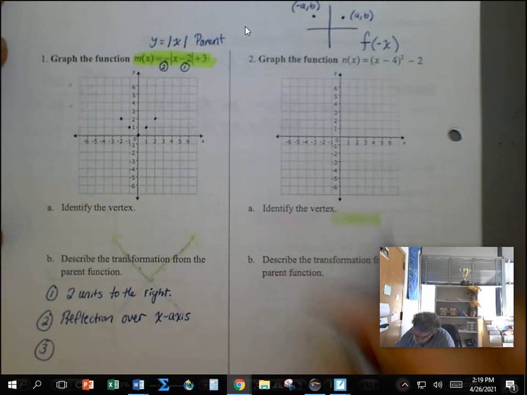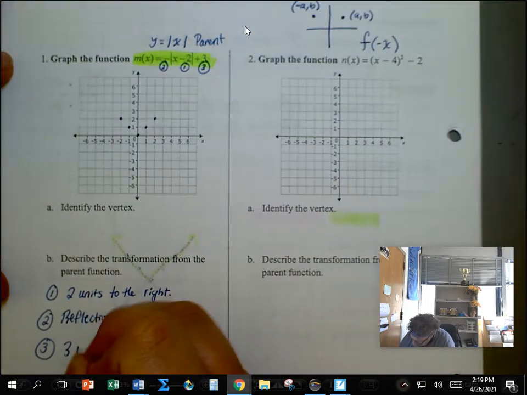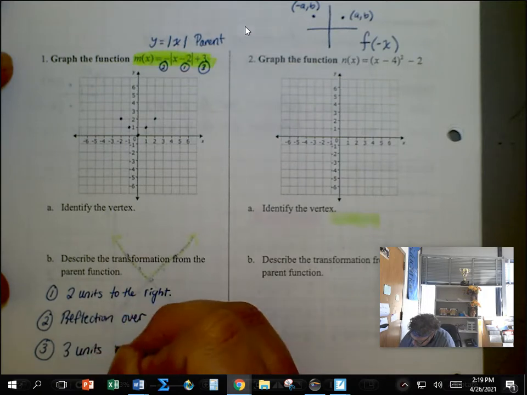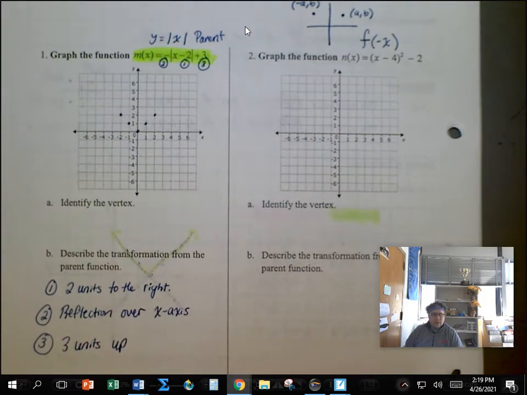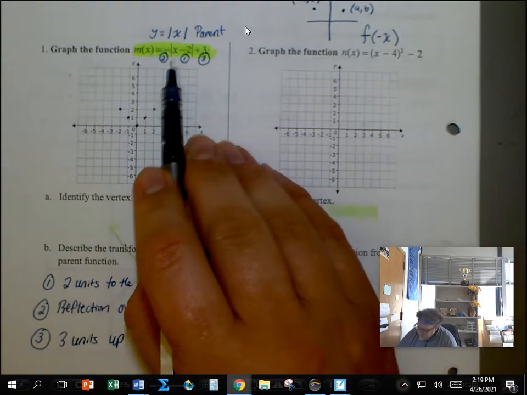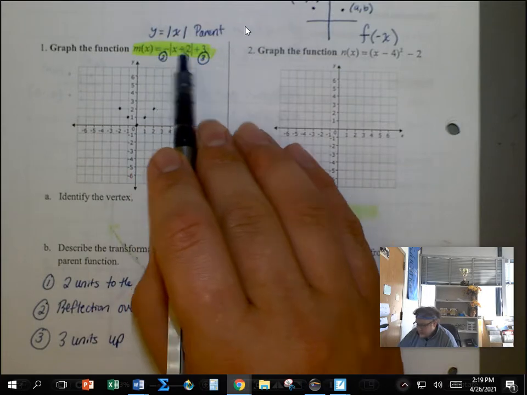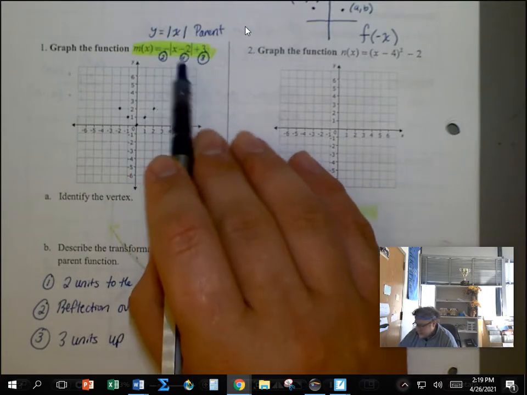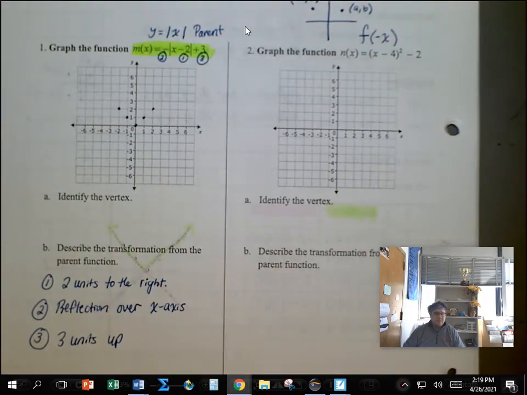So that's the distinction there. And the third one is going to be a +3 on the outside, so that's going to be 3 units up. So the order that I'm following is inside, outside. Do all the inside transformations, translations, then do the outsides like I just did.